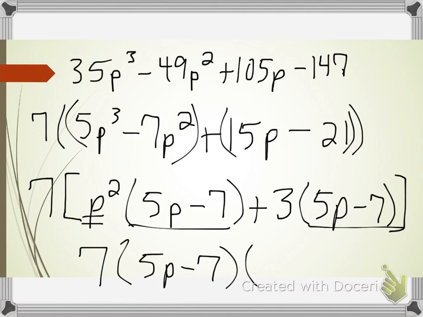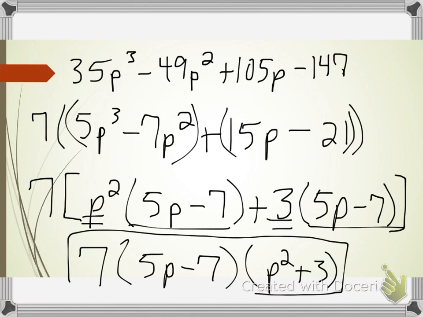P squared plus 3. Is everything factored as far as it can go? Yes, it is. Here is my answer. 7 needs to be included out in front of your 2 factors, because I factored that out at the beginning. Okay? Questions on this last example?